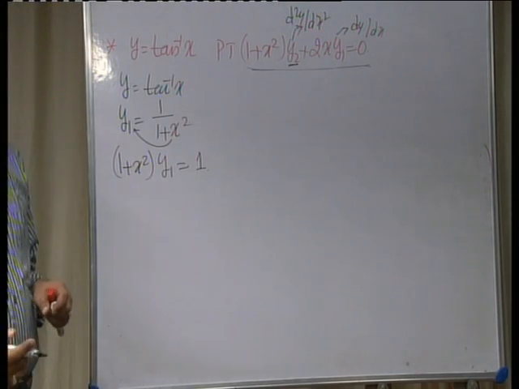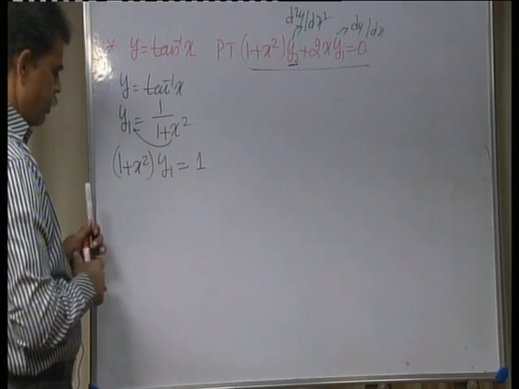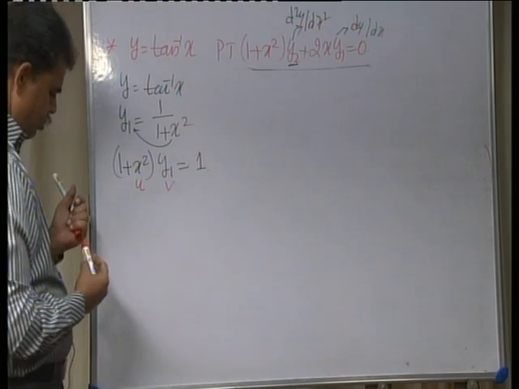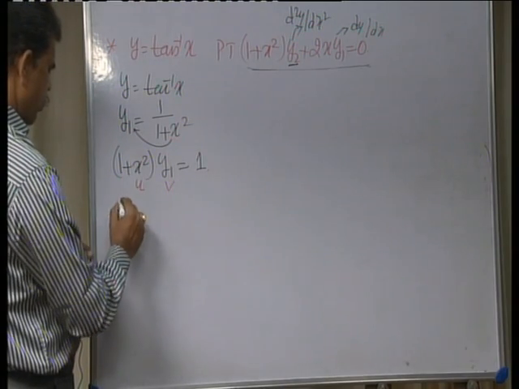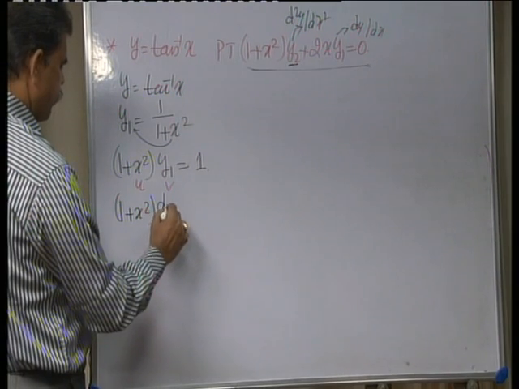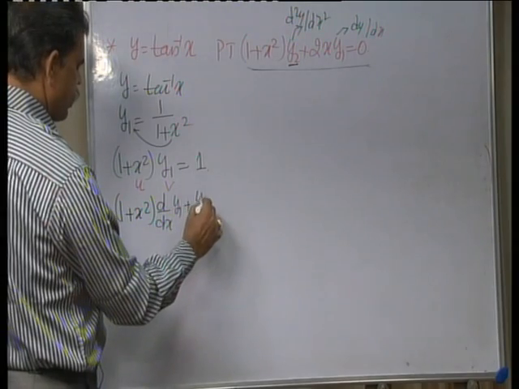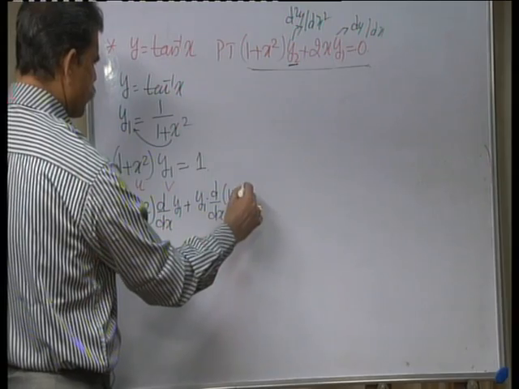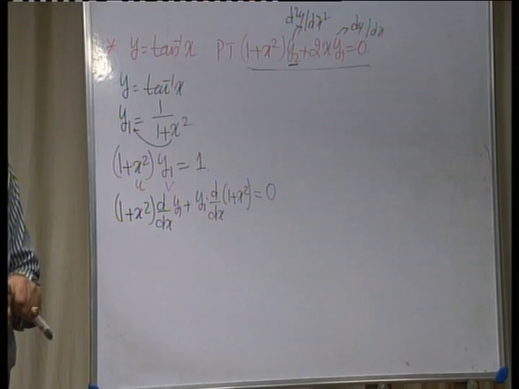If you differentiate this, you will get the answer directly. How to differentiate this? 1 plus x square into y1 is a product, u into v. Using the product rule, 1 plus x square into d by dx of y1, plus y1 into d by dx of 1 plus x square, is equal to the differentiation of 1, which is 0.